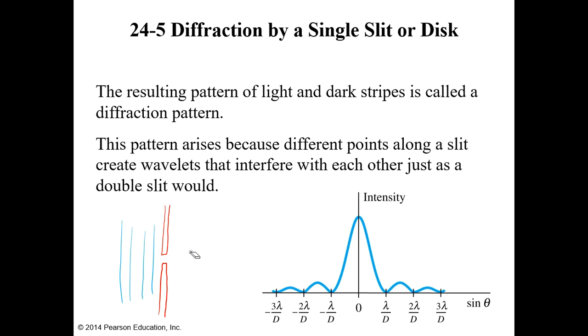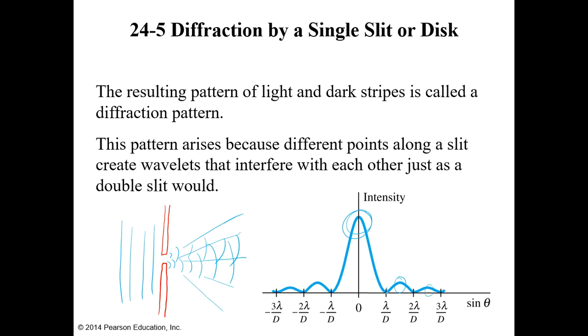But if you get the space just right, essentially what you have is one wave from one side, one wave from another side, creating a constructive interference pattern and other minor constructive interference spots along the side as well. And you end up with a pattern that looks just like this graph, where you have a very bright spot in the middle and then some more bright spots a little further away.